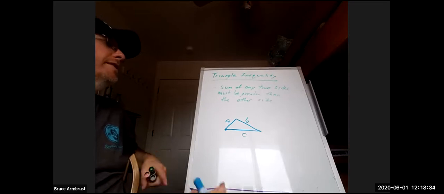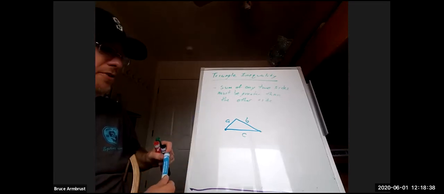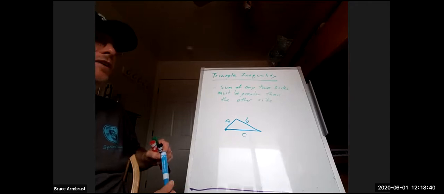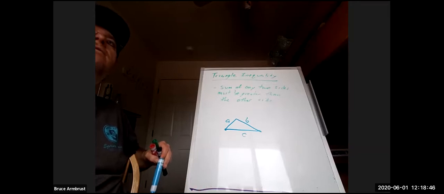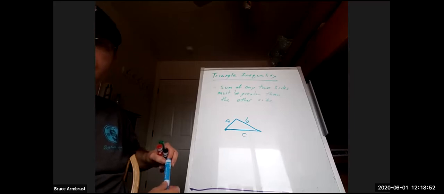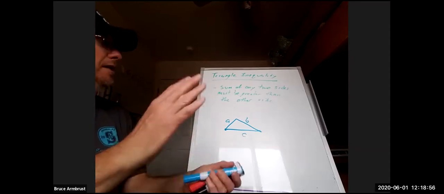So if you're ever in that situation where this isn't the case, then no triangle will exist, and you will see that when you try to calculate it. If you just dive to the law of cosines, you will see that you do not get a value. All right, but there you go. There's law of cosines. Yay.